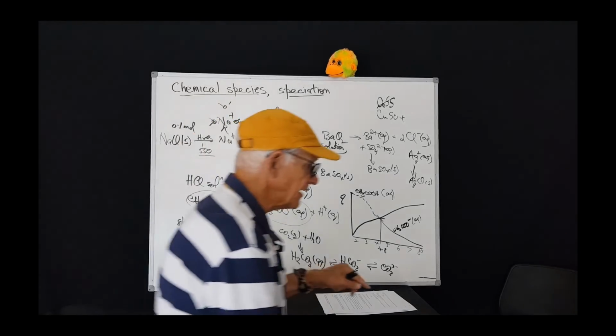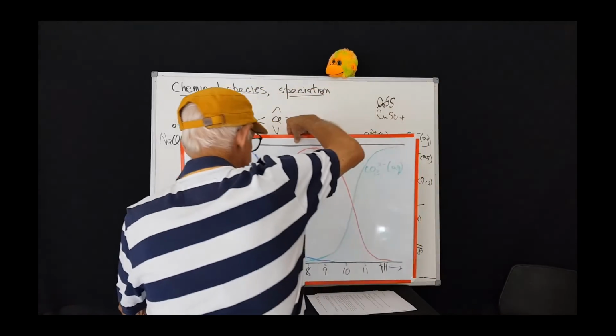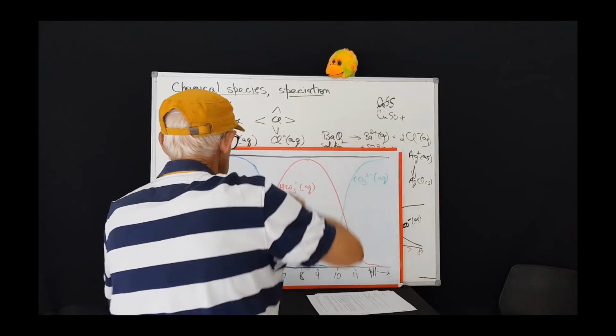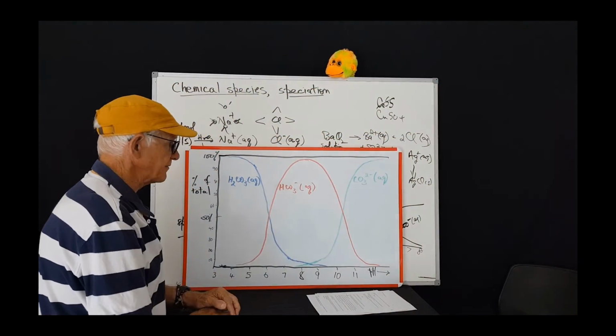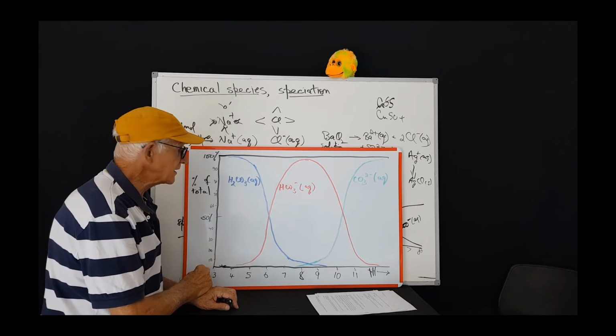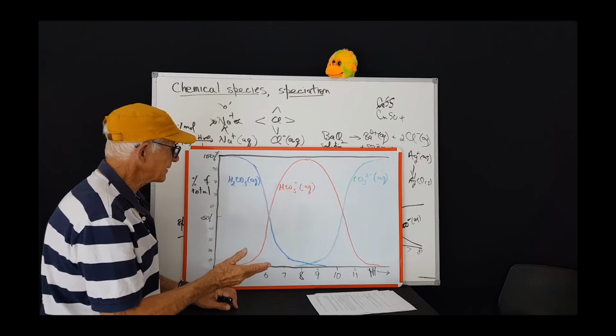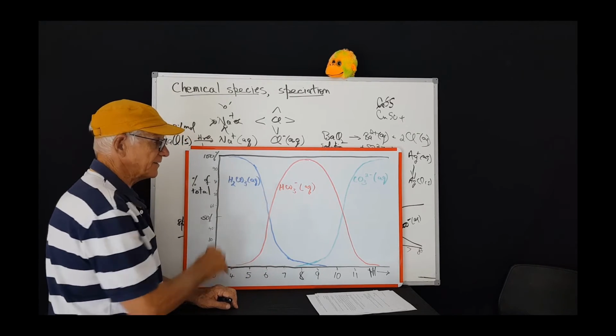Again, I happen to have this, a very, very important graph. At low pH, high acidic conditions, almost all of the carbonate is present as carbonic acid.